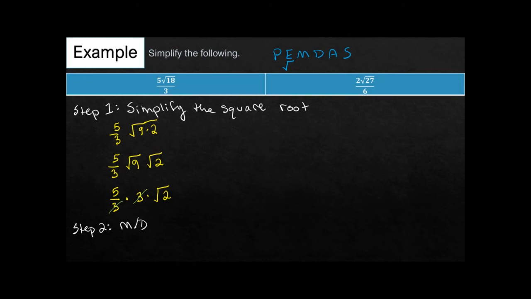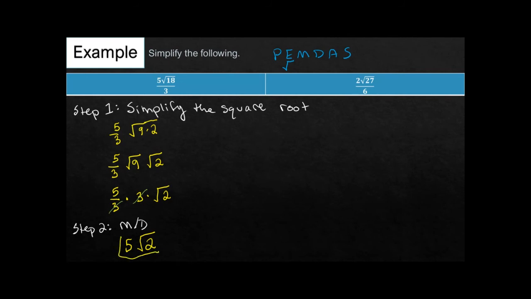Otherwise, if you wanted to, you can do 5 times 3, which is 15, and then divide by 3. You're going to get the same answer. But we're basically doing our multiplication step. This leaves us with a 5, and then times the square root of 2.